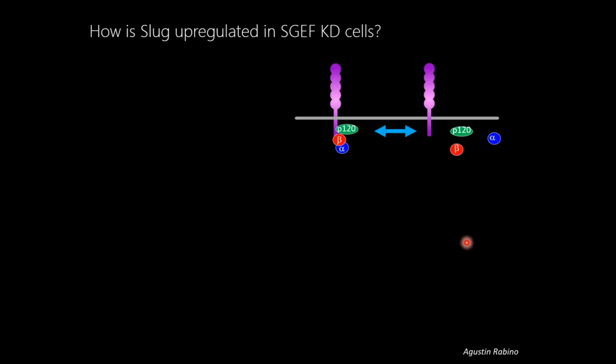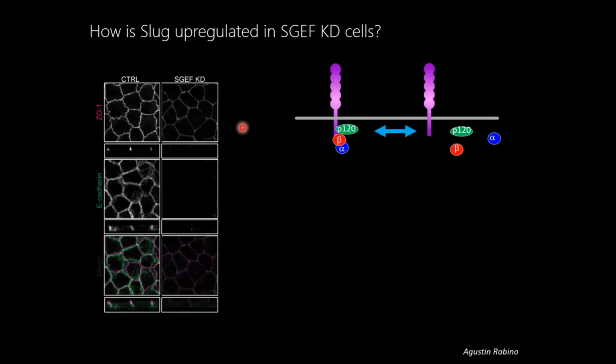And beta-catenin is known to be one regulator of the expression of the protein SLUG that I've been mentioning in the past slide. So we wanted to test if beta-catenin was responsible for regulating SLUG. The way we did it is there's an inhibitor that inhibits beta-catenin transcription activity.